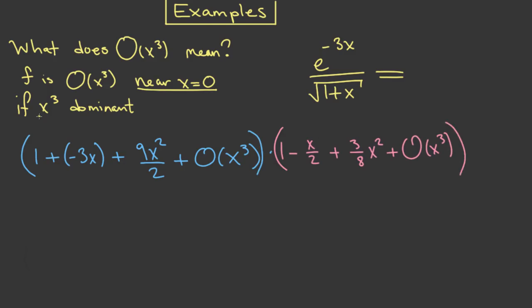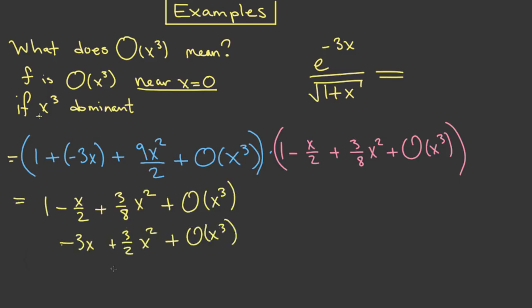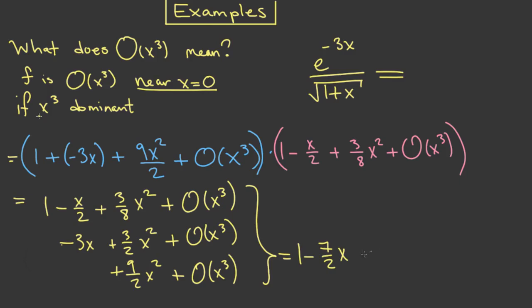And anytime I get a term that is x cubed or higher, I'm just throwing that into this error term, which I know is big O of x cubed. So let's go ahead and do that algebra. I'm going to speed it up a little bit, but you can pause this and do the algebra out on your own if you are interested. And we get 1 minus 7/2 x plus 51/8 x squared plus big O of x cubed.